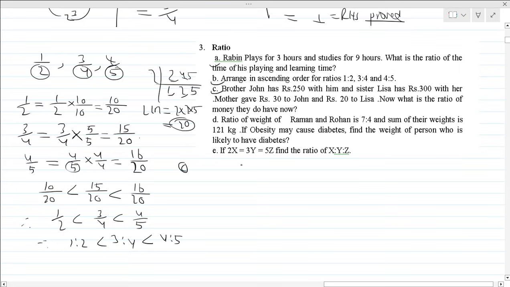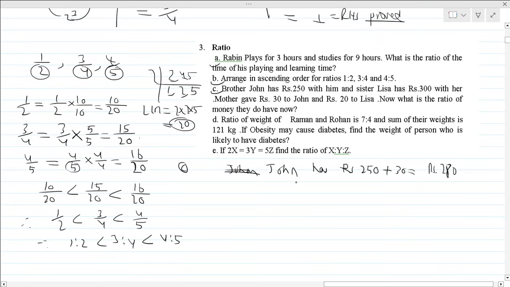All right, so John has 250 rupees already, and he got 30 rupees added, so he has 280 rupees at present.